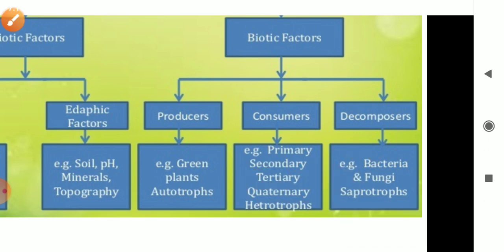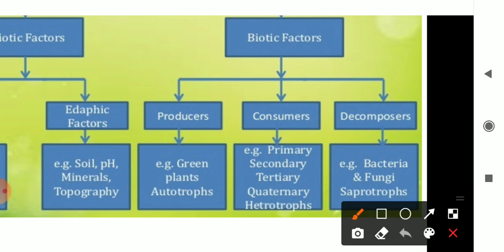Then the ecosystem as a biotic community also includes the decomposers. They are the bacteria and fungi, and these decomposers play a very important role in recycling of nutrients. It is the decomposers which decompose the dead bodies of producers or consumers or the waste materials.